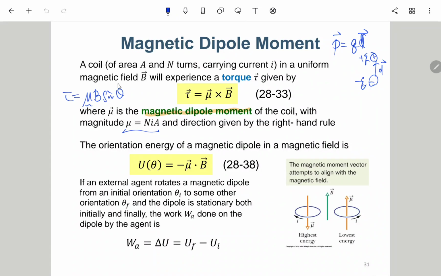So actually, this is nothing but tau equals mu cross B. The tau is the cross product between the magnetic dipole moment and the B field.